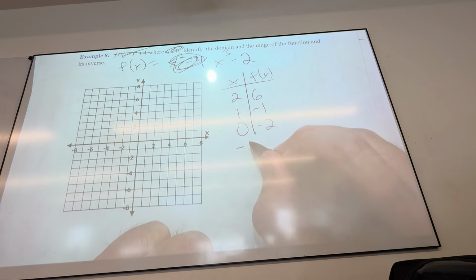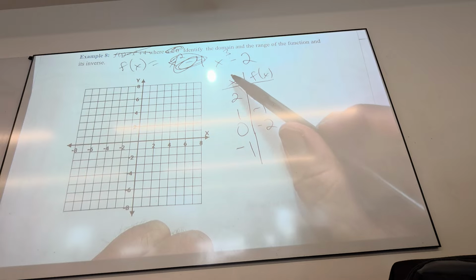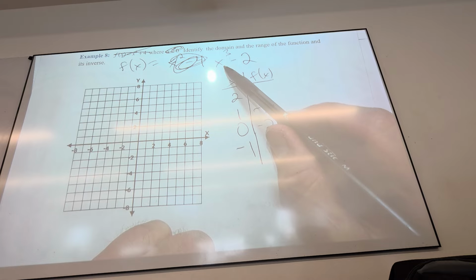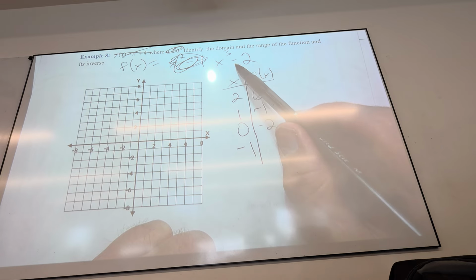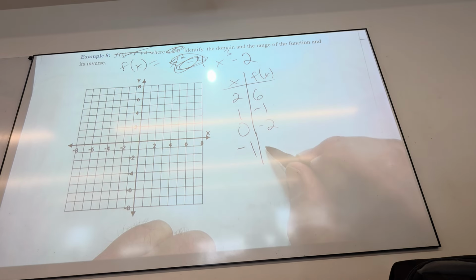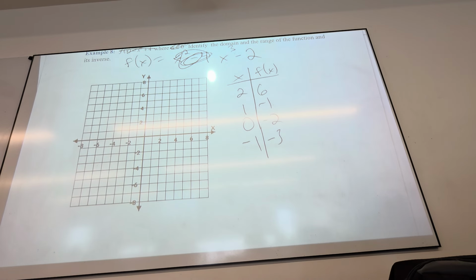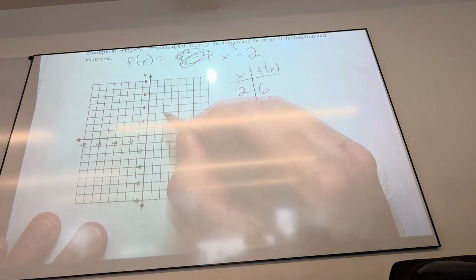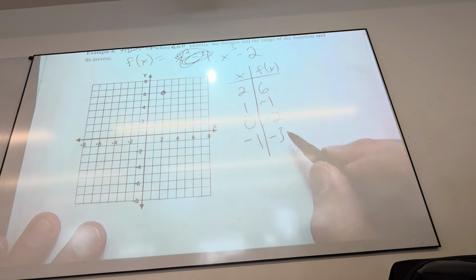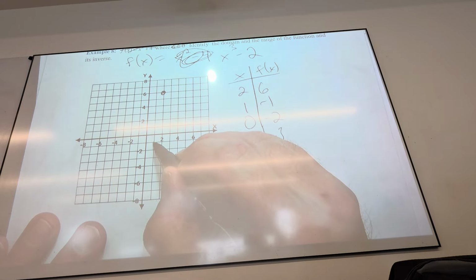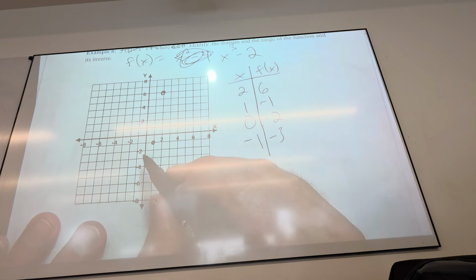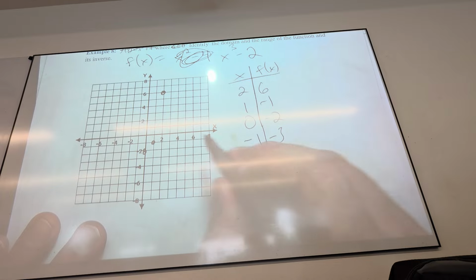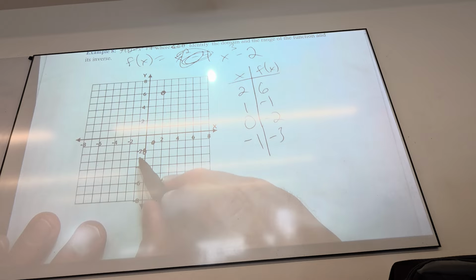What about negative 1? Negative 1 cubed is negative 1, minus 2 is negative 3. So I've got (2, 6), (1, -1), (0, -2), and (-1, -3).